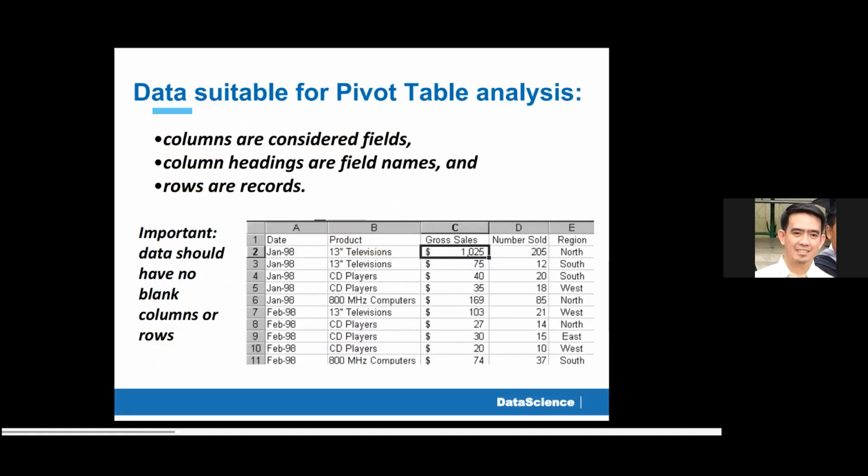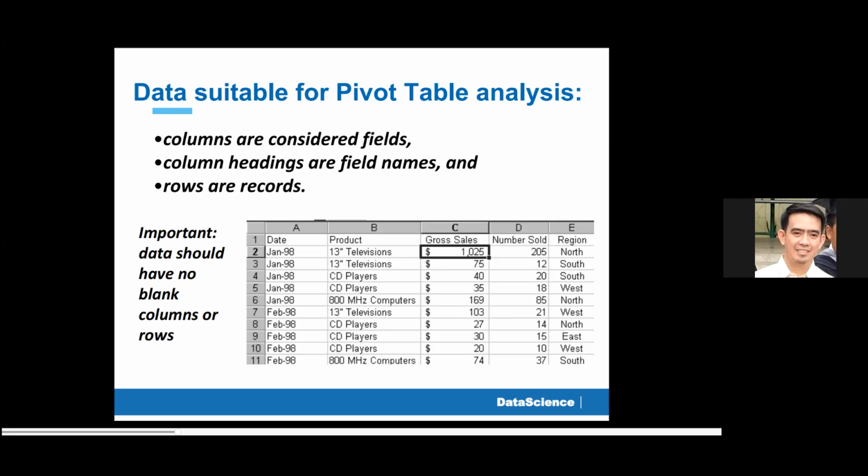So, data suitable for pivot table analysis. Of course, we're going to consider columns and rows of our data set. So that's how we call the kilometric rows and columns that we have shown previously, just like what is displayed right here, are basically what we call a data set. Ano? The columns are considered the fields, and the column headings are the field names.